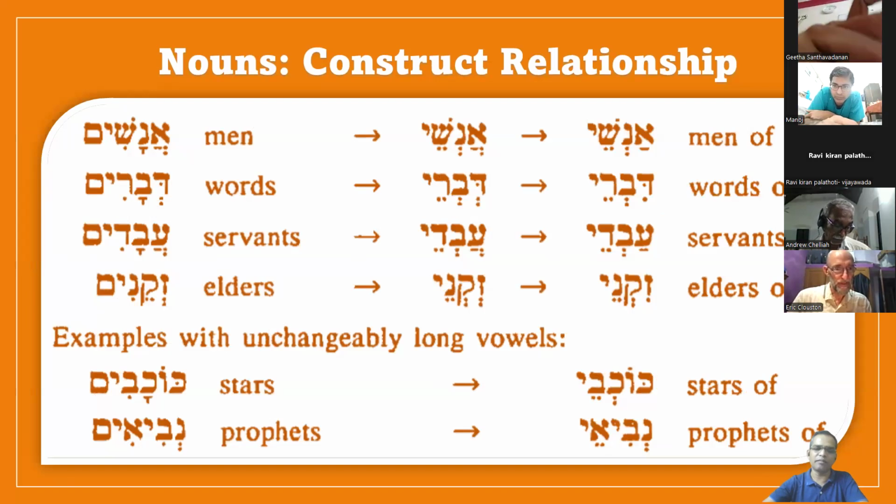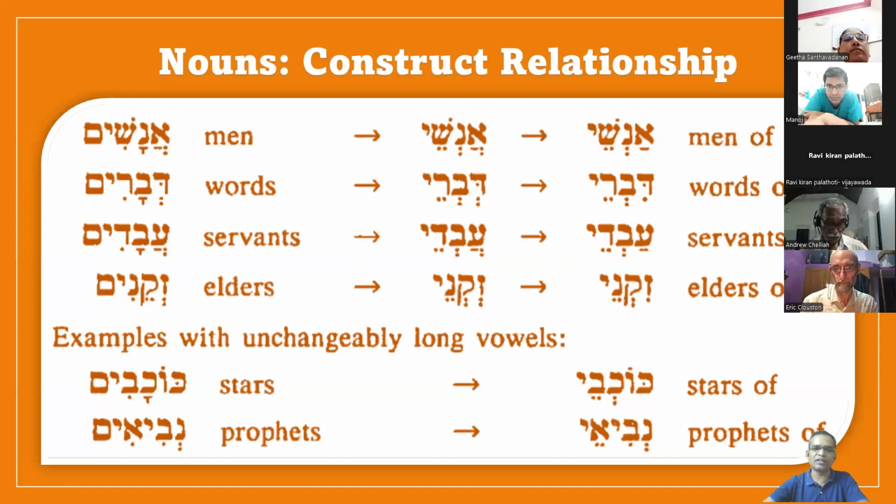Kokavim, Nevi'im. Stars, prophets. Here, in the first example, Kokavim has become Kokevey.